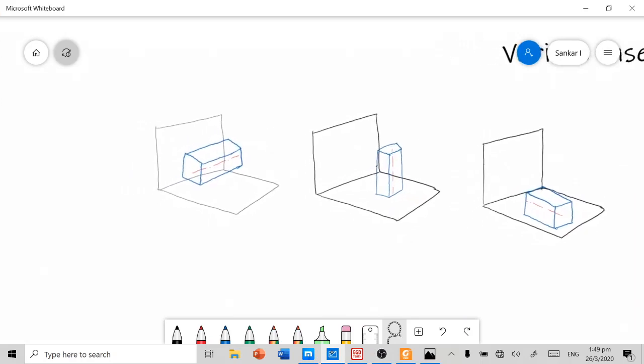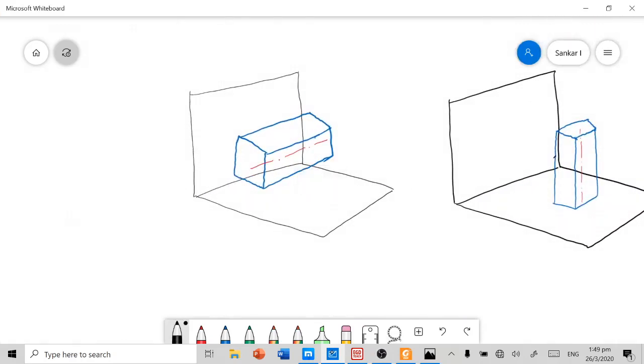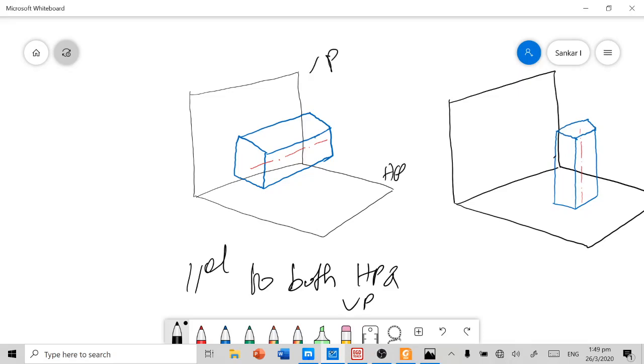Like in the projection of planes and straight lines chapter, here also we are having various cases. See the first one. This is nothing but solid axis parallel to both the horizontal plane and the vertical plane. So this is your horizontal plane and that's your vertical plane. Here you can see the solid axis is parallel to both HP and VP.